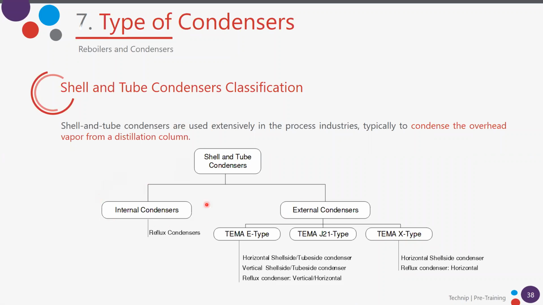For internal condensers, we will see the reflux condensers. And for the external condensers, there are different types according to the TEMA type: the E type, the J type, and the X type.